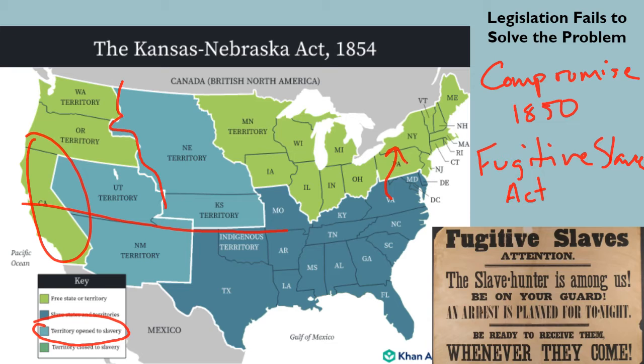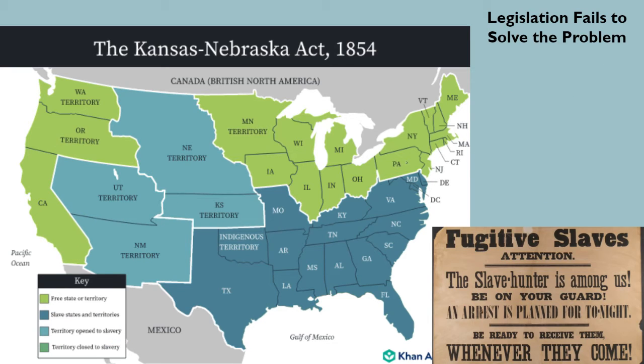Okay, so it basically made Northerners who were against slavery participate in slavery by forcing them to capture runaway slaves and return them to their owners in the South. Obviously, for anti slavery people, this was a big deal. Okay, and they did not like the Fugitive Slave Act. Again, increasing tensions between pro slavery and anti slavery people during this time here in 1850 leading up to the Civil War.